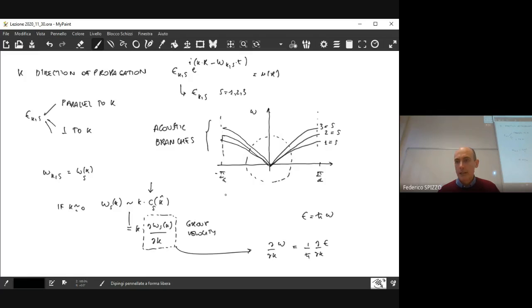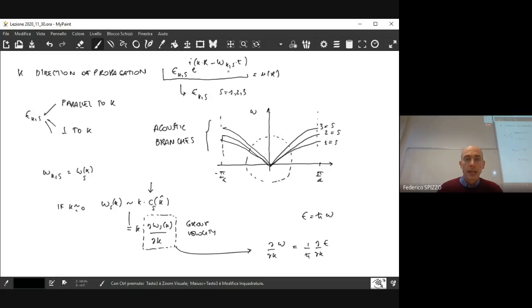So just to summarize, what we have seen up to now is that the oscillation of all the ions within the solid can be written as a combination of waves, like this one here.